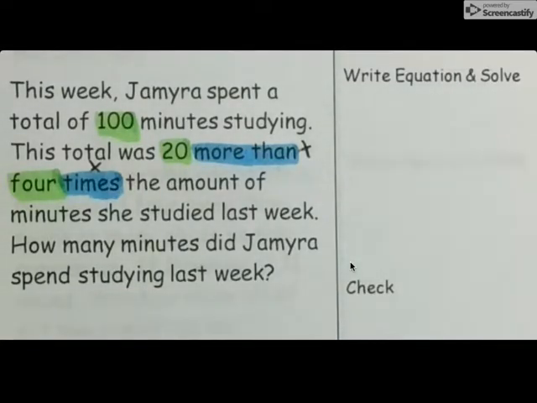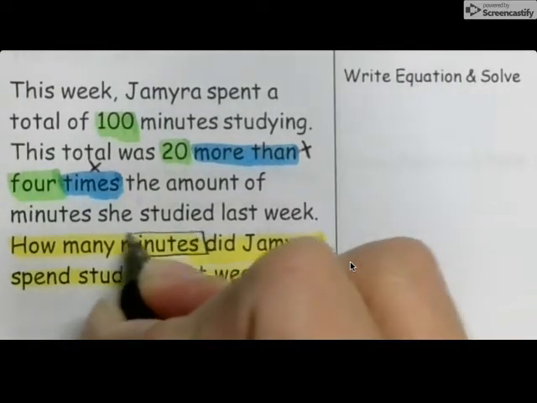Then I need to figure out what I'm trying to find. So we are trying to find the minutes she spent studying last week. How many minutes did Jamira spend studying last week? That's kind of like our question, right? So where in that is what we're actually trying to find? Probably the minutes.